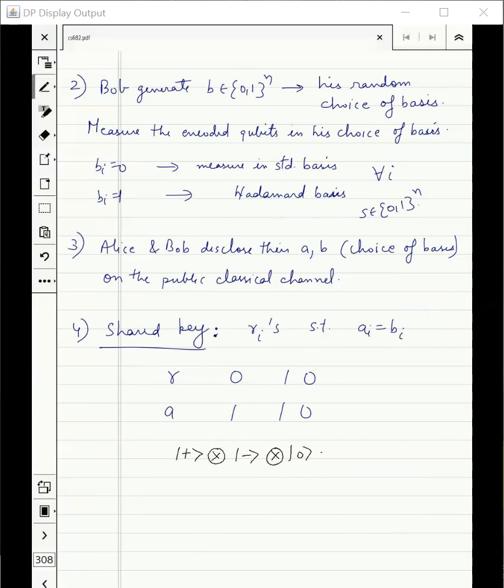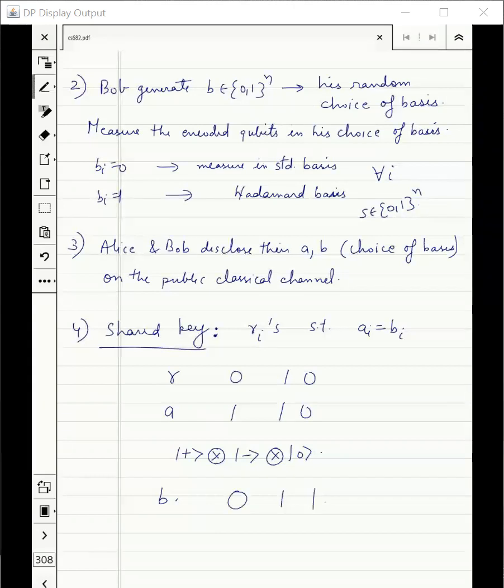Correct? You want to tell me what is B? What should we pick as B? Don't give me 001. Give me any other string except 001. What is your favorite number between 0 and 7? 3. Okay. 011. Sounds good?